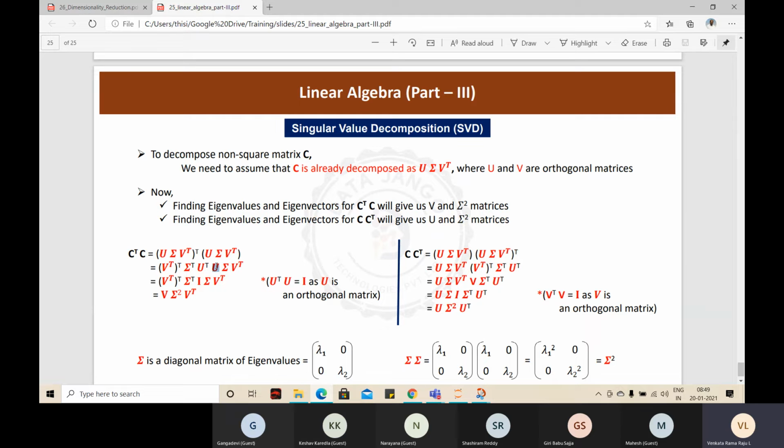That's the simple trick. Even in PCA, you are taking C transpose C and doing it. There it makes sense because you are trying to extract covariance, and the covariance matrix comes from mean centering and C transpose C. But any matrix, without mean centering or anything, you can decompose into three matrices.